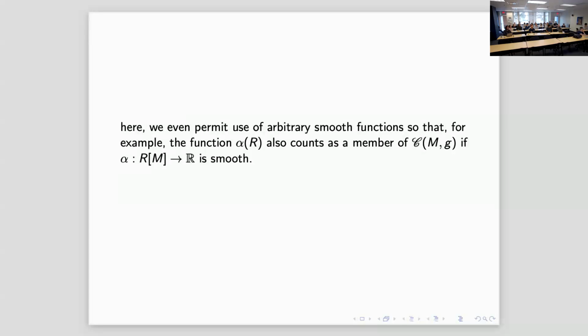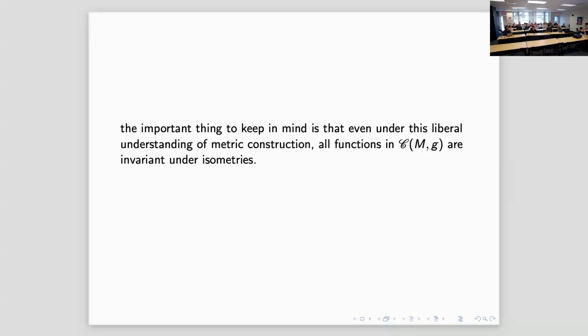Go even a little bit more liberal than that, we're going to permit the use of arbitrary smooth functions so that, for example, alpha of R counts as a member of CMG if alpha is a smooth function. But the important thing to keep in mind in the background is that even under this liberal understanding of metric construction, all the functions in CMG are going to be invariant under isometries.